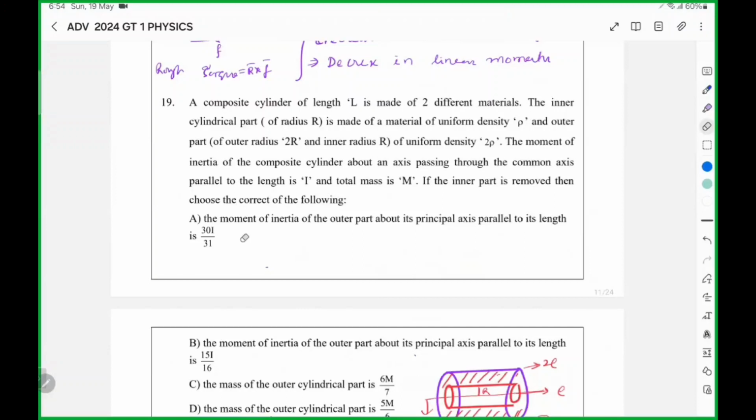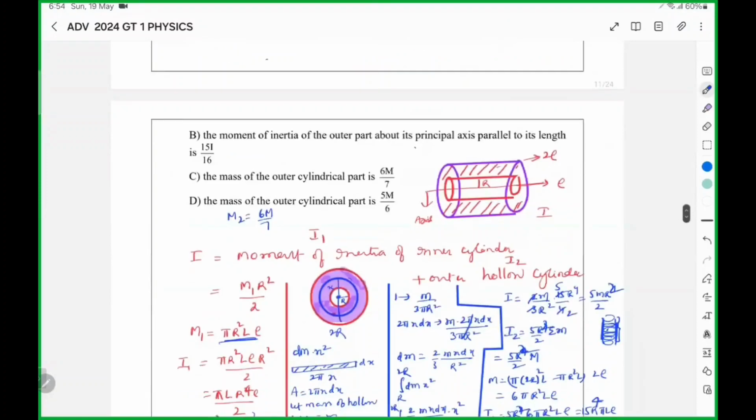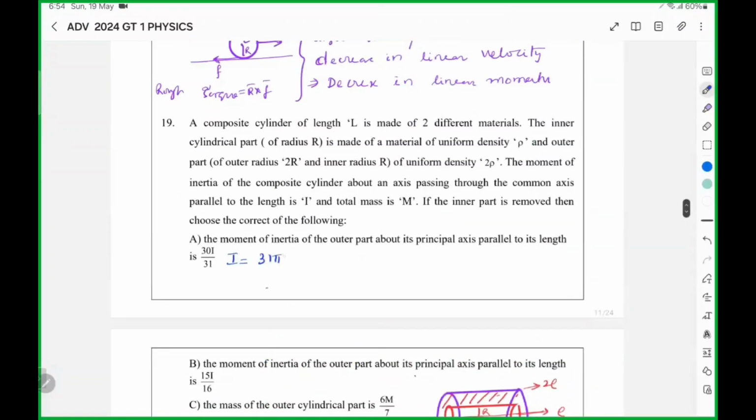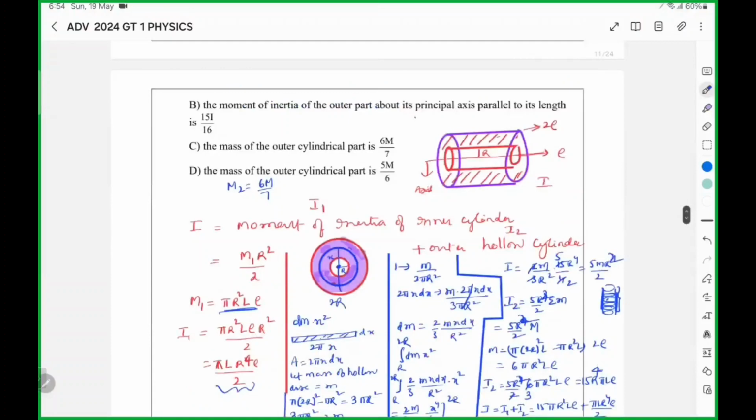Here, total moment of inertia is 31 pi r square L rho by 2. But we have to find moment of inertia I2.